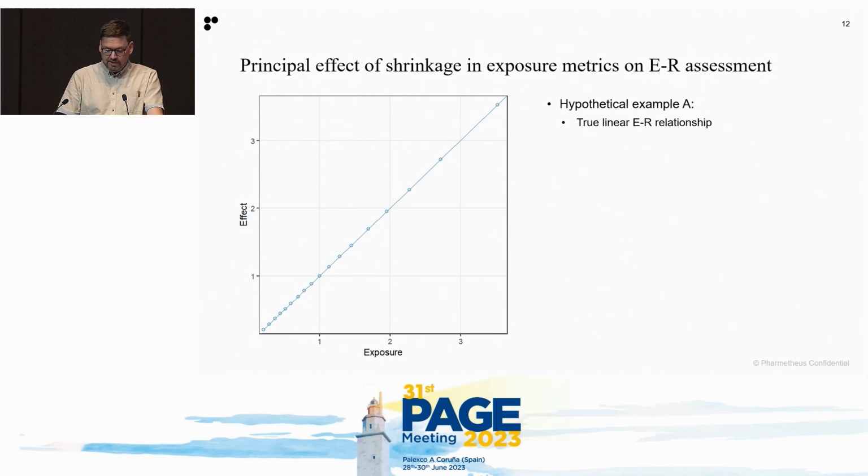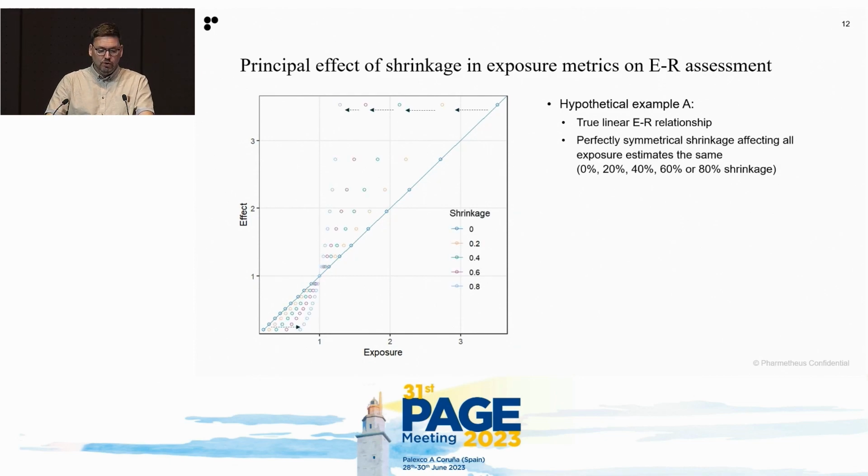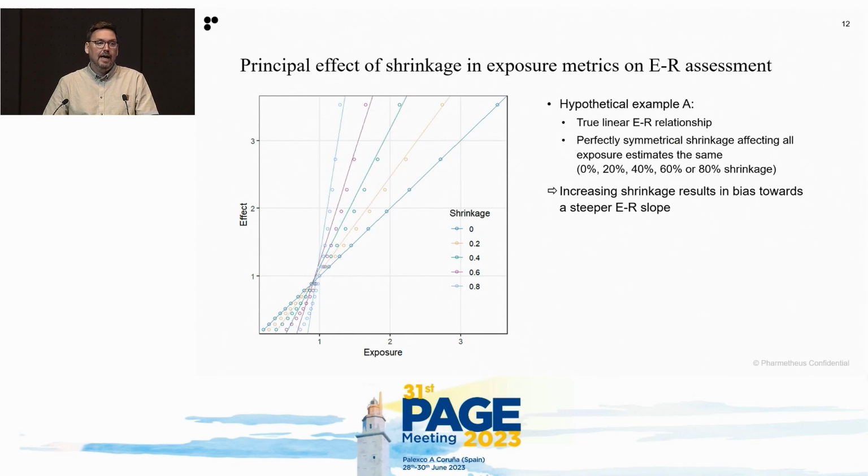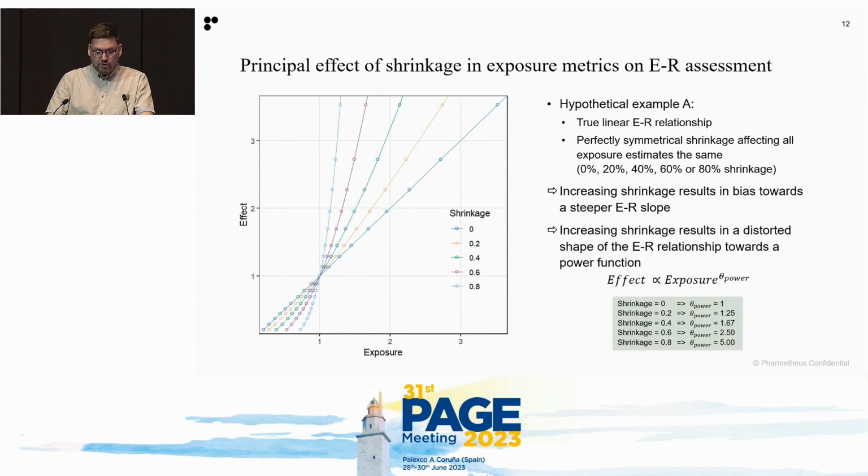And this can easily be understood by this very theoretical example, where we again consider a linear exposure-response relationship, and as we introduce a perfectly symmetrical shrinkage for all the exposure metrics of 20, 40, 60, and 80%, we see how the consequent slope, when you relate the response to this exposure, gets steeper and steeper. But not only that, we actually also distort the shape of the relationship and introduce more of a power function type of relationship.